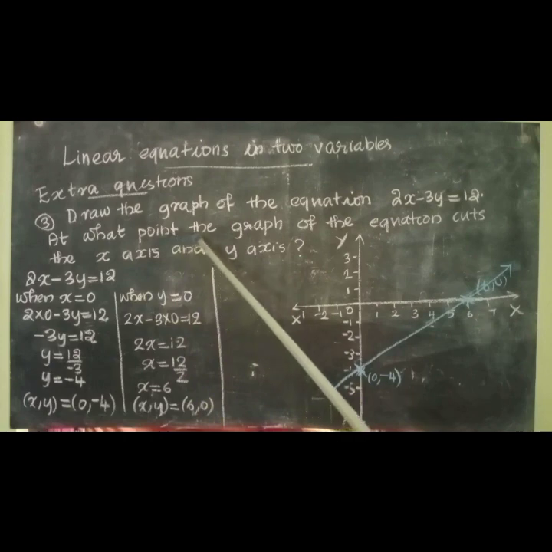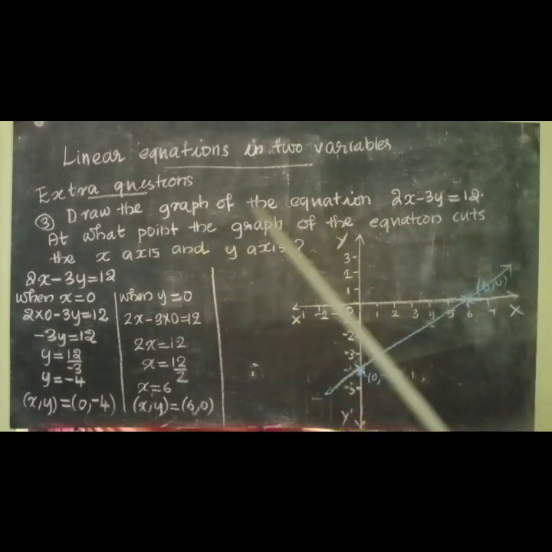Now there is one more question. At what point does the graph of the equation cut the x-axis and y-axis? We know this is our x-axis and this is our y-axis. At what point does this line cut the x-axis? It cuts the x-axis at the point 6, 0.